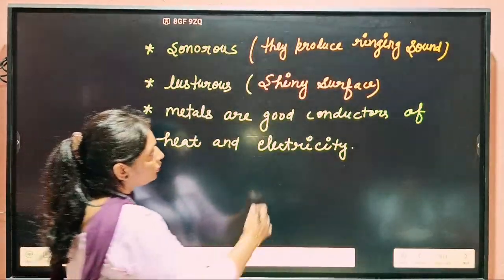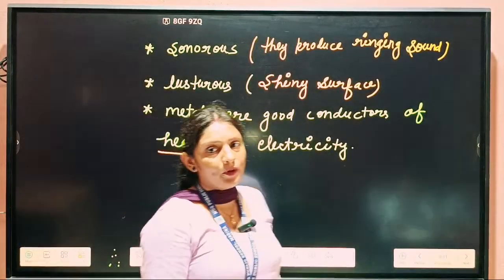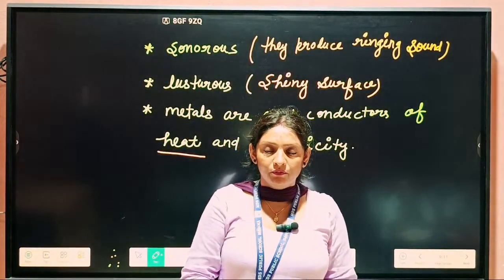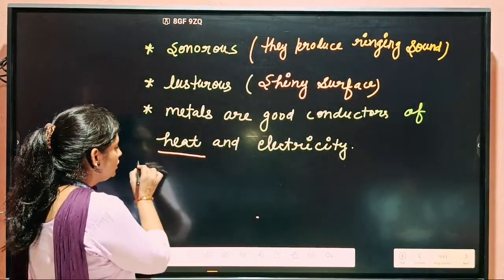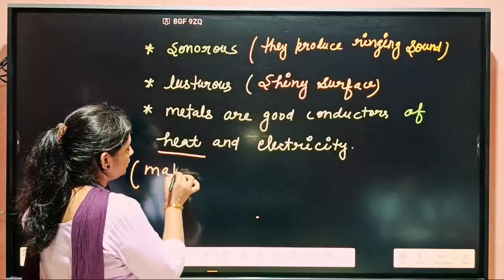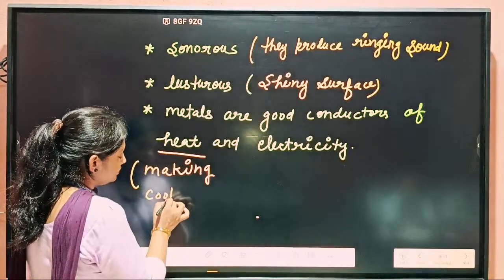Students, metals are good conductors of heat, which means they allow heat to pass through them. Because they are good conductors of heat, they are used for making cooking vessels.